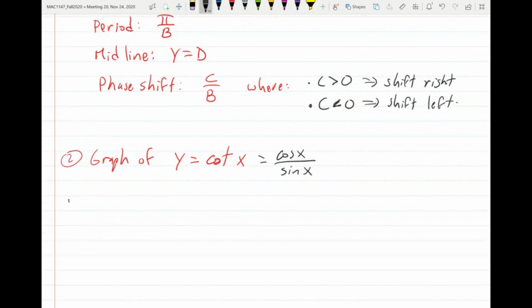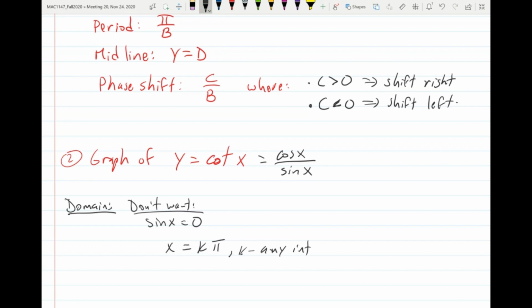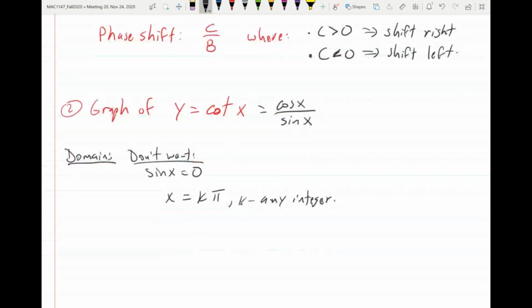So as usual, domain is going to be all x. So what is it that we don't want? We don't want sine to be 0 in this case, and we already did the work above. So this happens when x is multiples of pi. Okay? Any integer. So the domain is going to be all real numbers x, such that x is different than k pi, with k an integer.